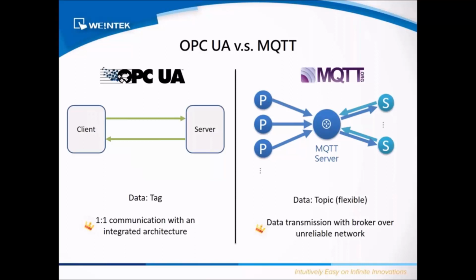And if you have a firewall on your system, then maybe MQTT might be the better answer for you, because it's hard for machine builders to ask every end user to open a hole on their firewall. But with MQTT, you can just set up an internet MQTT server. Then every machine can publish data onto the MQTT server.